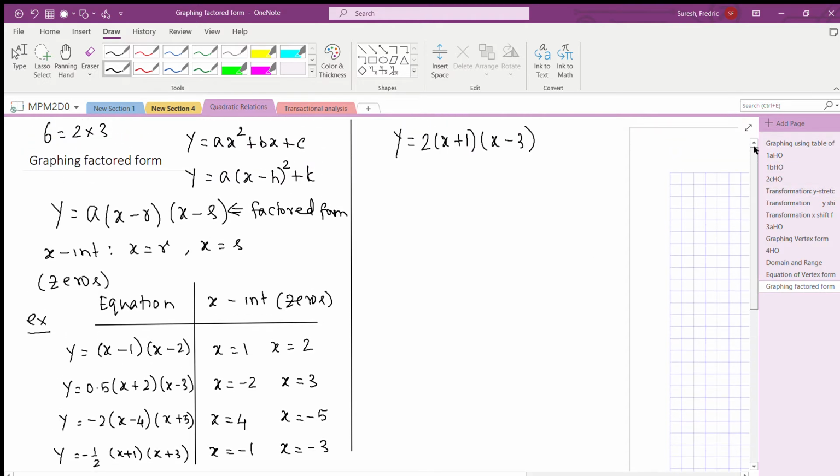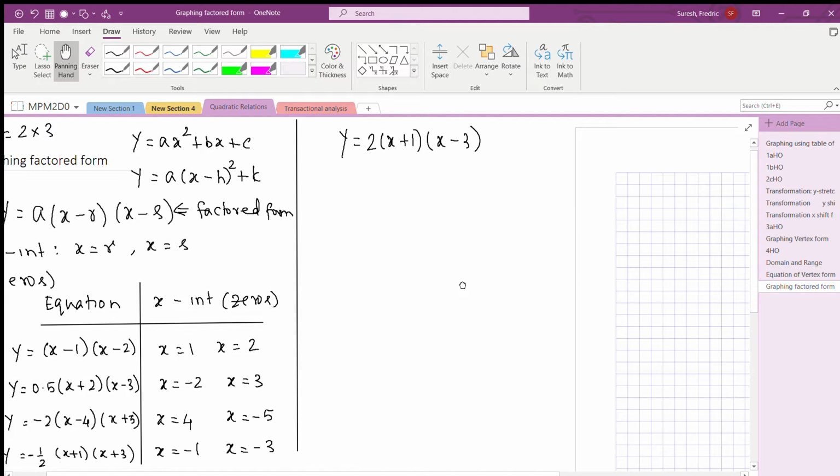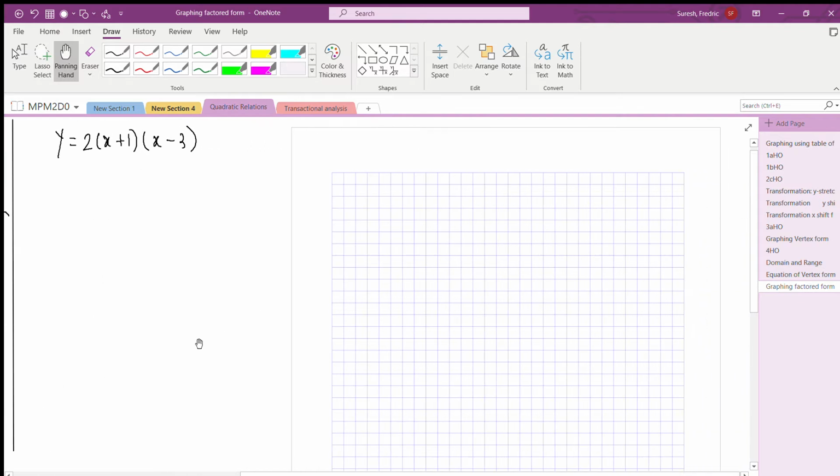Okay, so here's an example for you. If I have an equation that looks like this, and I want to graph it, how do I graph it? What do I have from here? I have the x-intercepts, x equals negative 1 and x equals 3.